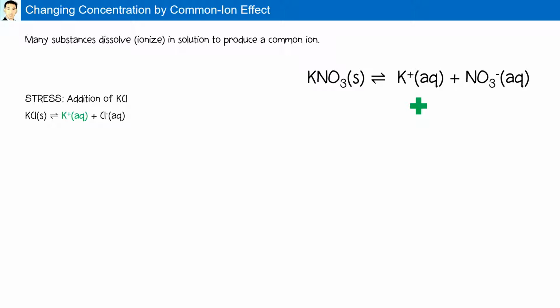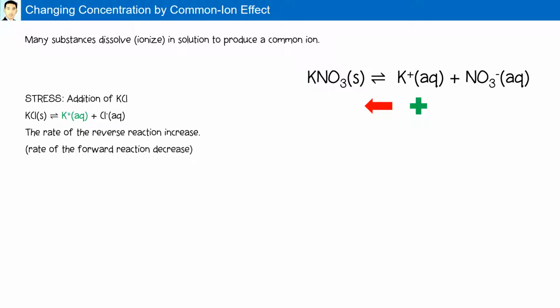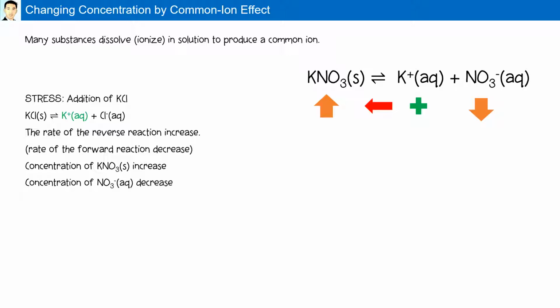This increases the potassium ions in the solution, stressing the right-hand side or the product side. The rate of the reverse reaction now increases, while the rate of the forward reaction decreases. The concentration of KNO3 increases because the reaction shifts to the left, while the concentration of NO3- ions decreases because now we're moving to the left. The reaction shifts left.